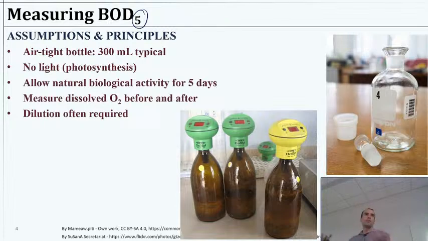There are 5 work days in a week. It gives bacteria a reasonable amount of time to grow and proliferate to the point where they can do the consumption they need to do before stopping the experiment. So it's just convention, really, but it would not make sense to do half a day. It's not enough bacteria, not enough time for them to do anything. And at some point they stop consuming much, so it doesn't make sense to do much more than that. So 5 is a good number.